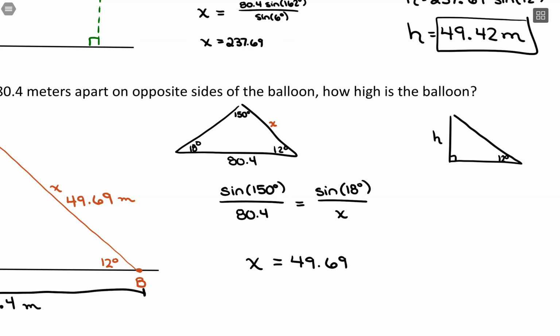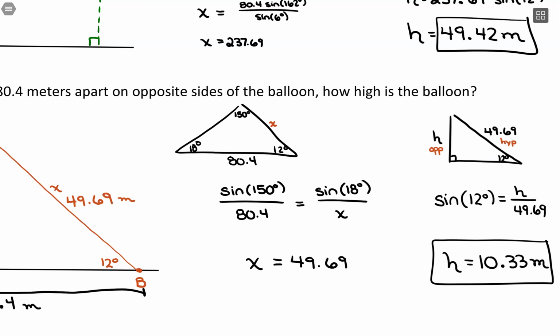We know this is 12 degrees down here, and we have this 49.69. So for our angle measurement, we're looking for the opposite side length. We have the hypotenuse, so that means we can look at, with a right triangle, sine of 12 degrees is equal to opposite over hypotenuse. And then we just solve for h, and that should give 10.33 meters for our final answer.